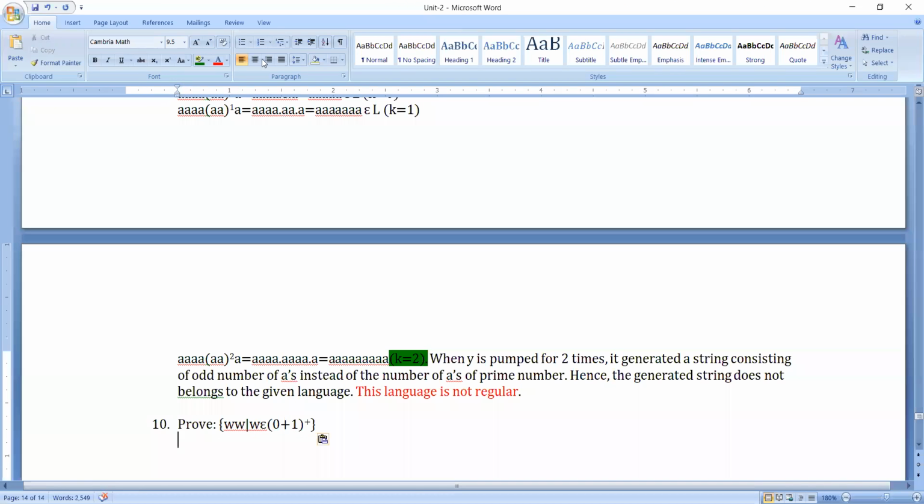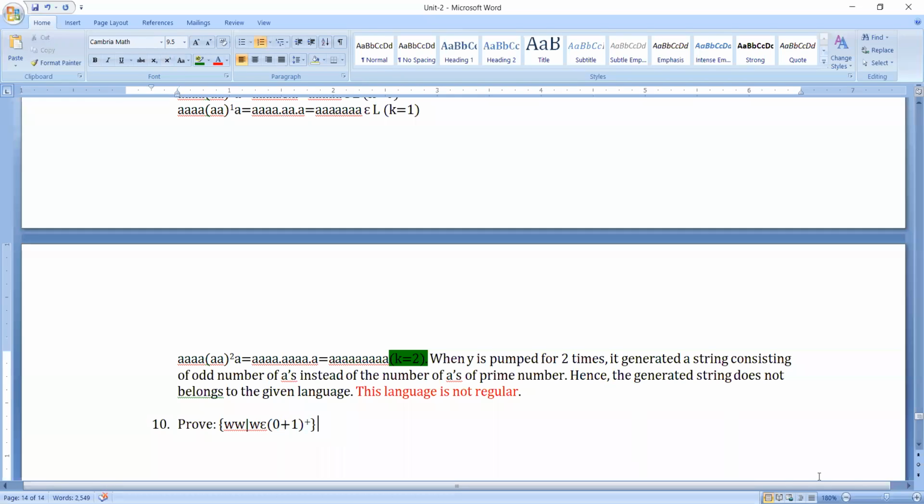We need to consider WW, where W is a set of strings of zeros and ones. Please observe that we have a plus. With the plus, my language does not consist of epsilon.